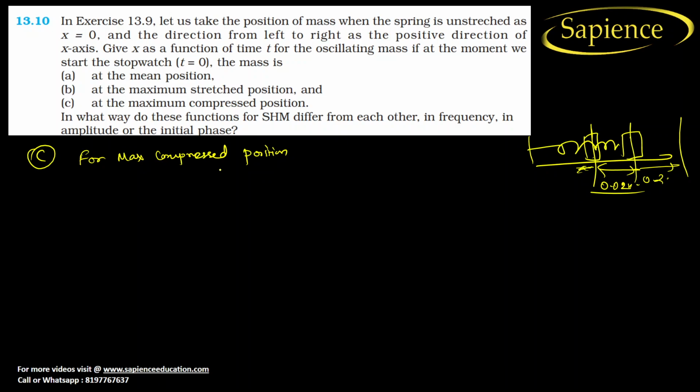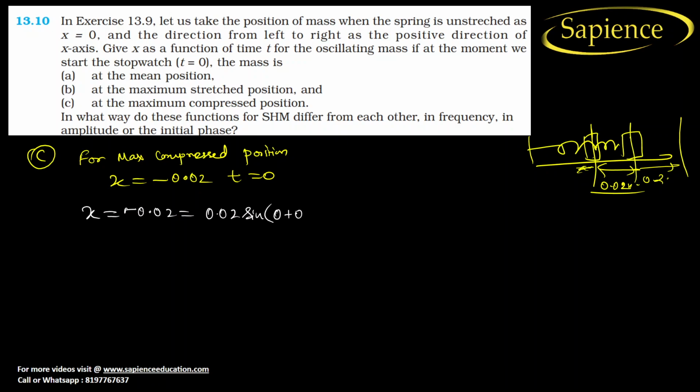Now for the maximum extreme compressed position, x will be equal to minus 0.02 at time t is equal to 0. Now we need to put the values there. So minus 0.02 is equal to the equation we have used, 0.02 into sine omega t, so t is equal to 0.